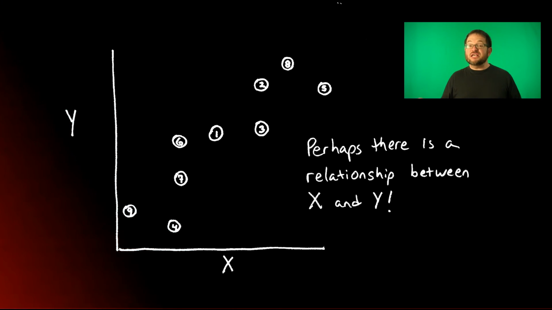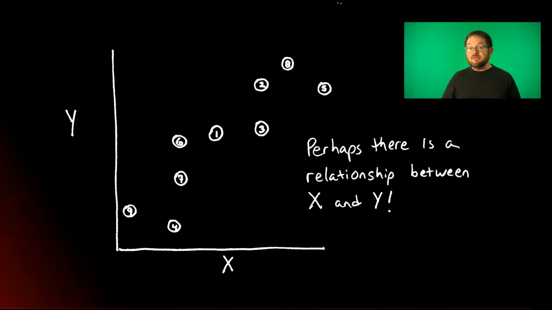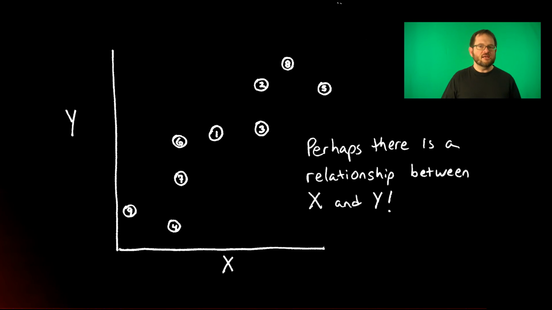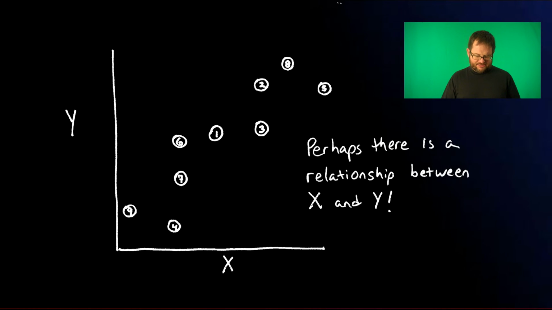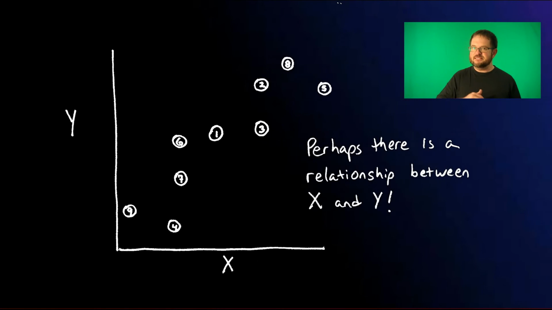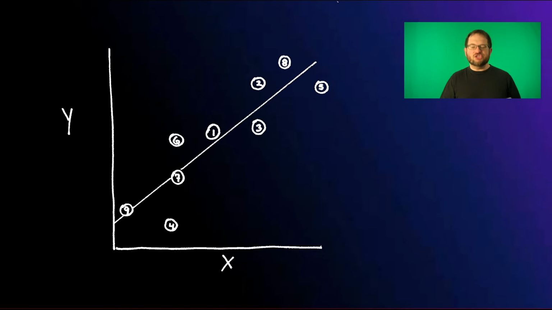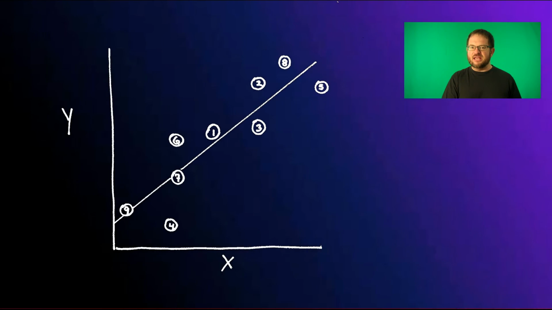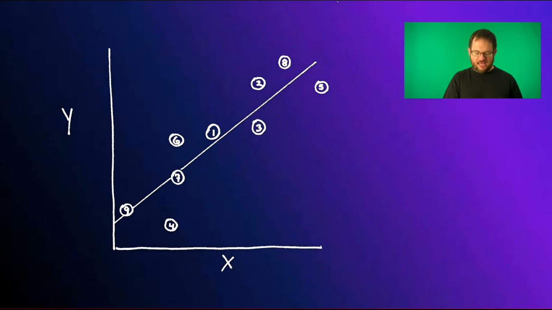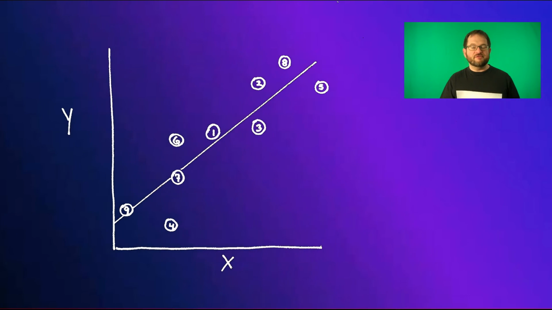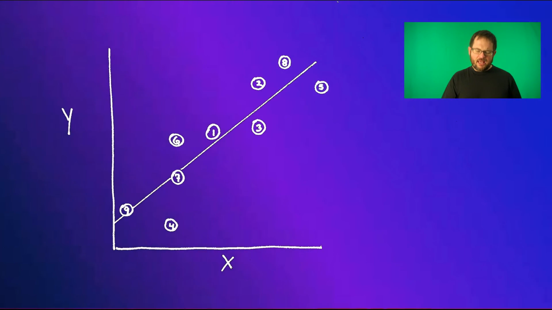They're suggestive of the possibility, anyway, that there is a relationship between this random variable y and this random variable x. It seems possible that we could fit some kind of line into that cloud of data that is the pairs of observations of x and y.